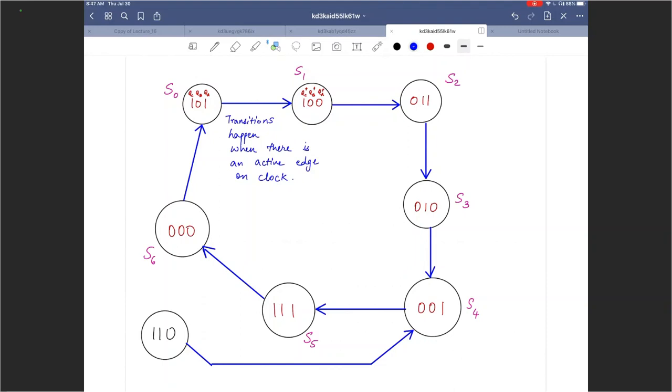So how is the counting sequence going to be if it randomly powers up at 6? It will go from 6 to 1 to 7, 0, 5, 4, 3, 2, and it will be in the loop after that, right?